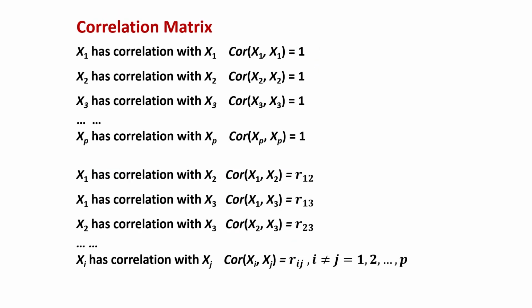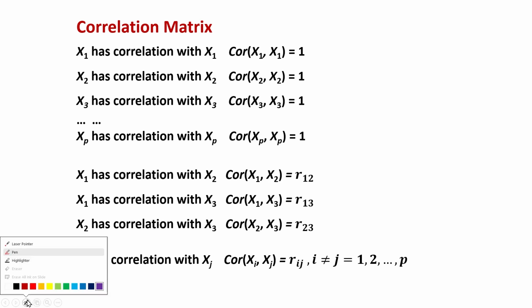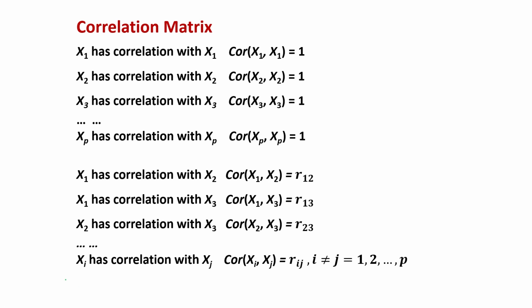Similarly, if you extend it to the general multivariate case where you have p variables x1, x2, up to xp, the correlation of x1 with x1, x2 with x2, and xp with xp will always be 1, right. So the diagonal elements of a correlation matrix will always be 1.